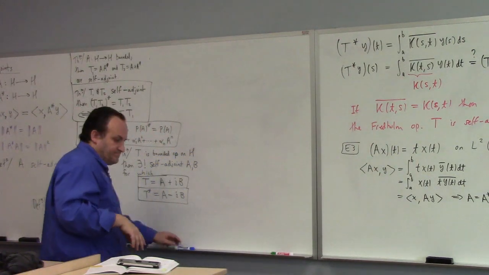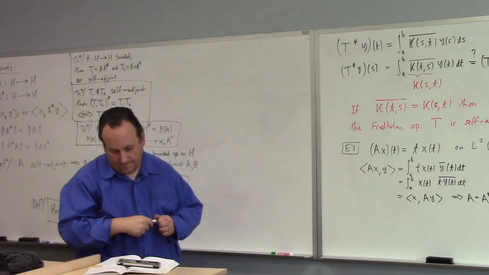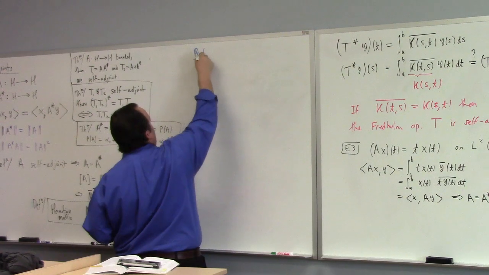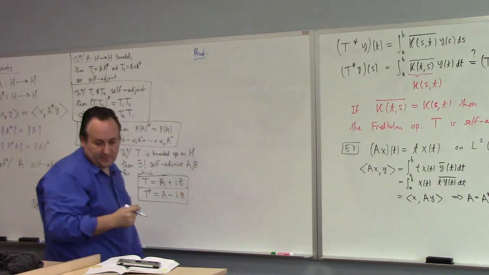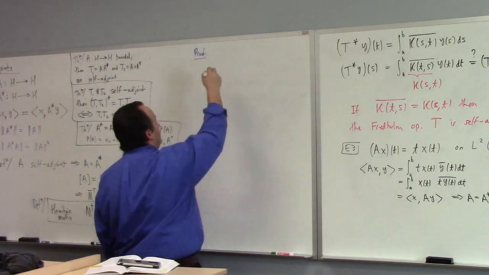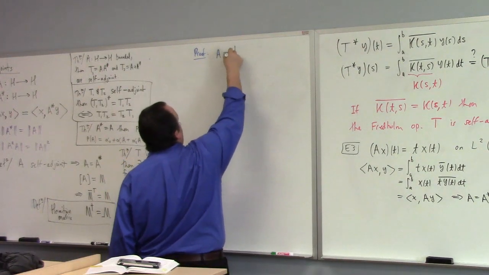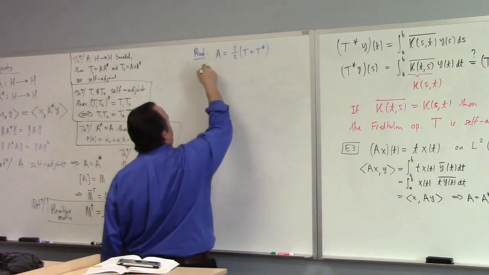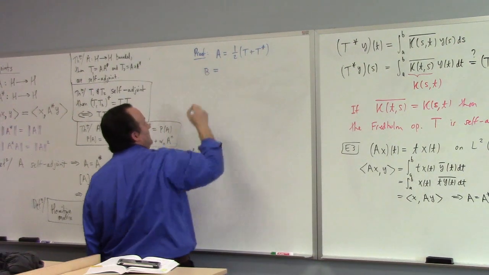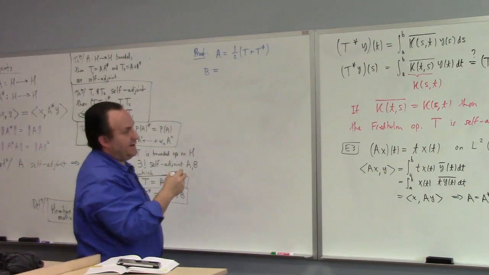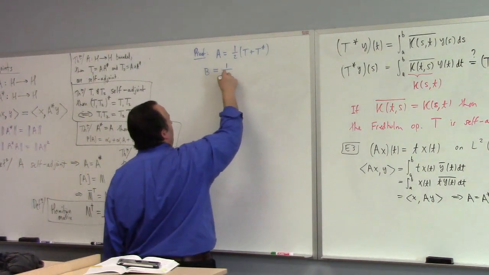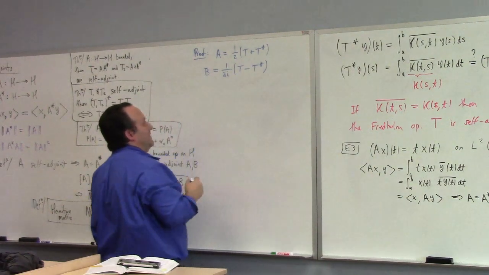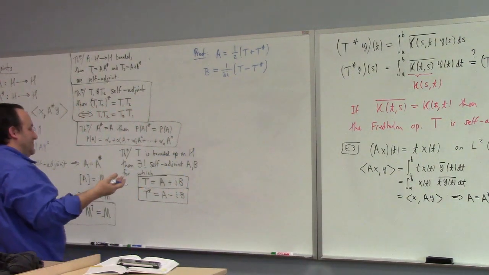All right, so the proof is probably instructive because it's reminiscent of other things. A is 1/2 (T plus T adjoint). B is equal to 1/2i (T minus T adjoint). And then it's automatic.